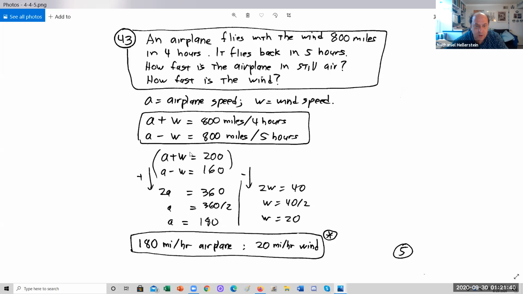We can combine these equations by subtracting, then A minus A cancels. W minus negative W is 2W. 200 minus 160 is 40. 2W equals 40. Divide both sides by 2. Get W equals 40 divided by 2. That's 20. So airplane speed is 180 miles per hour. Wind speed is 20 miles per hour.